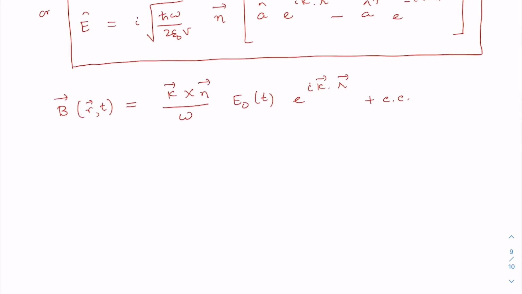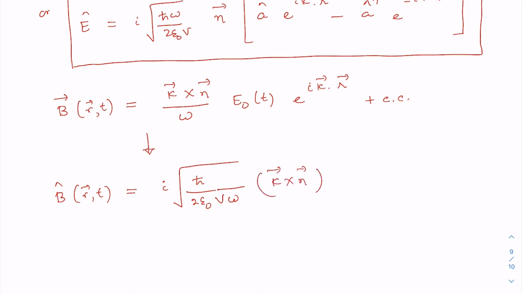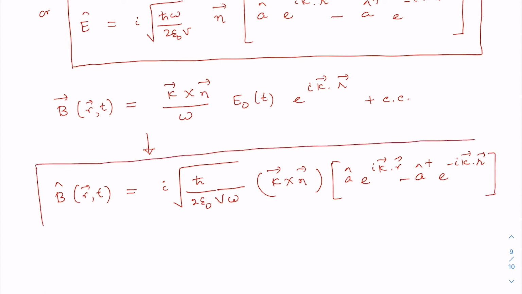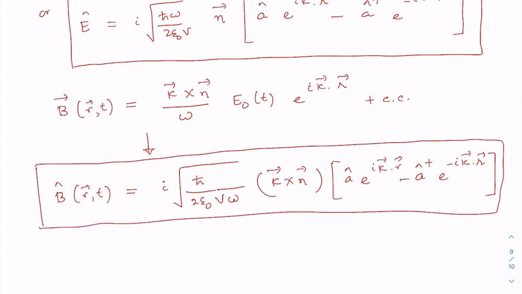So now its operator form B cap rt would be I, you can easily get this expression, twice epsilon 0 v omega under root k cross eta, and then you have a e to the power I k dot r minus a dagger e to the power minus I k dot r. So electric field and magnetic field both now take the form of operators in quantum mechanics.